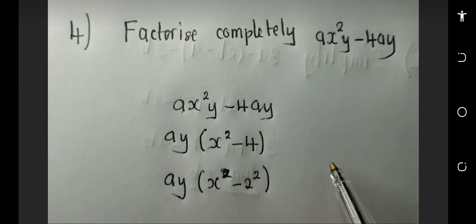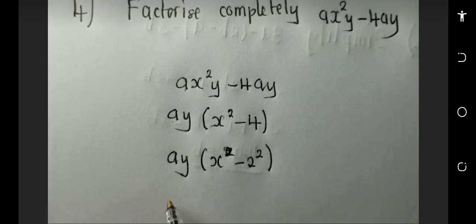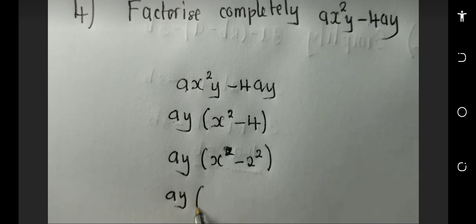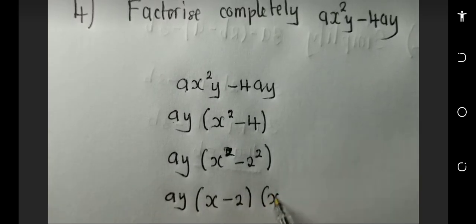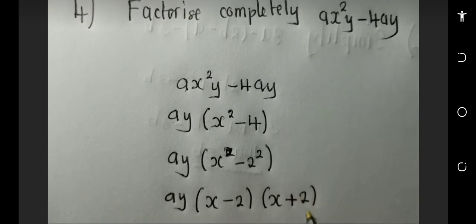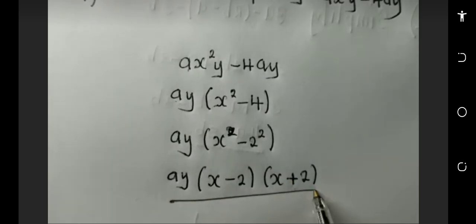So now we use the idea of difference of two squares. So we shall have ay(x minus 2)(x plus 2). So difference of two squares, you just get the bases, what you're able to see here, together with a sign. Again, you get the same thing here, write it right here, and change the sign to positive. This is what we call difference of two squares, and this is our solution.